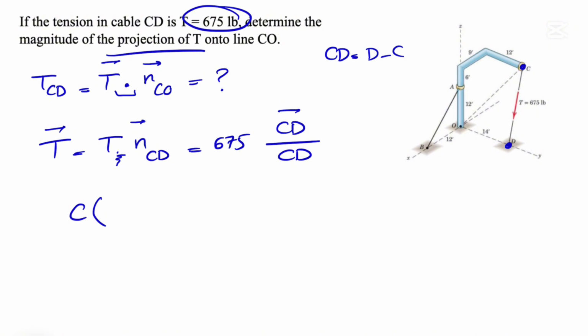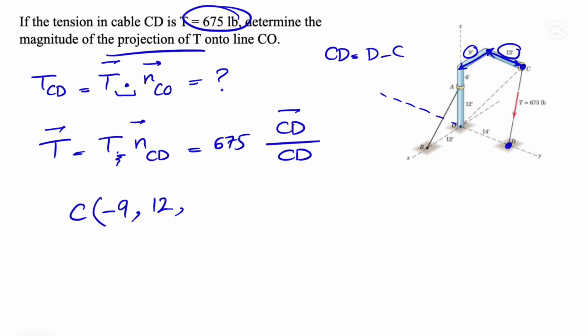If we look at C, our X would be what we have from here to here, which will be 9. And since we are on the negative side of the X, we'll have minus 9. For the Y direction, we are obviously on the positive side of Y because this is the negative Y, and we are going 12 feet.